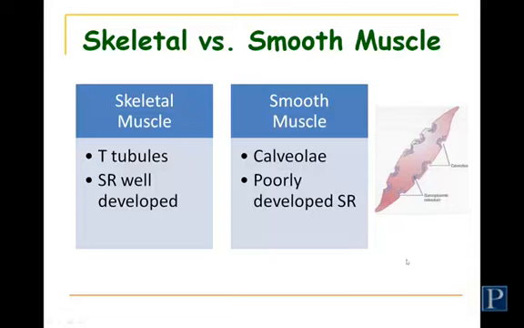Caveoli. And what happens is that in response, for example, if we do have innervation of the smooth muscle, that nervous input is going to release a neurotransmitter, which ultimately is going to result in calcium release from sarcoplasmic reticulum, but the sarcoplasmic reticulum in smooth muscle is very poorly developed.